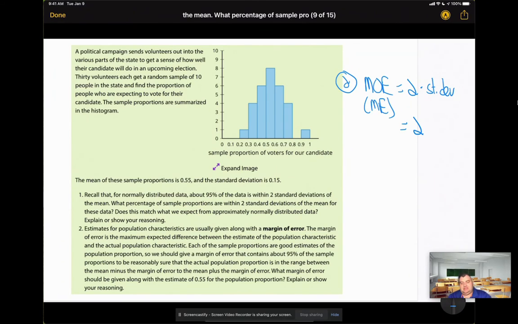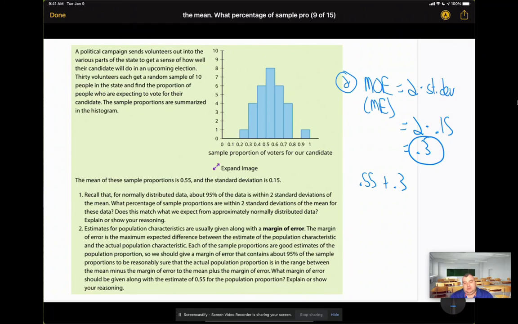In this case, it's going to be 2 times 0.15, which is 0.3. So what margin of error should be given along with this? It would be 0.3.